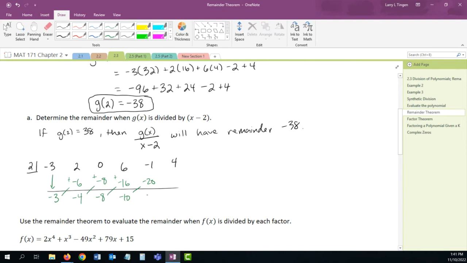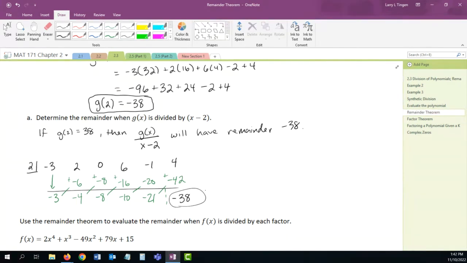Negative 1 plus negative 20, negative 21. Negative 21 times 2, negative 42. 4 plus negative 42, negative 38. That's exactly what we said would happen.